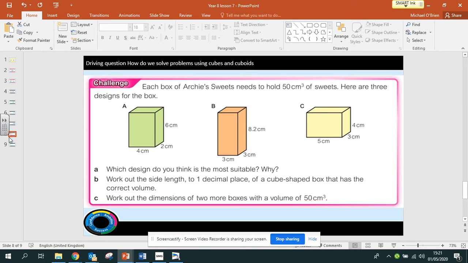This is quite a complicated question, but it starts off quite nice and easy. You've got to work out the volume of 3 different cuboids. So have a think about it. Stop the tape. For question B, think about what's the opposite of squared.